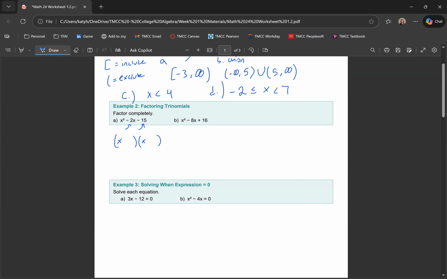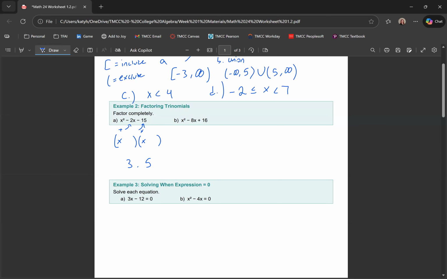Whatever number we fill in on these right-hand sides needs to, again, multiply to 15 and add to -2. So we have to think about things that actually multiply to 15. Well, 3 and 5 multiply to 15. So 3 and 5 are great options.